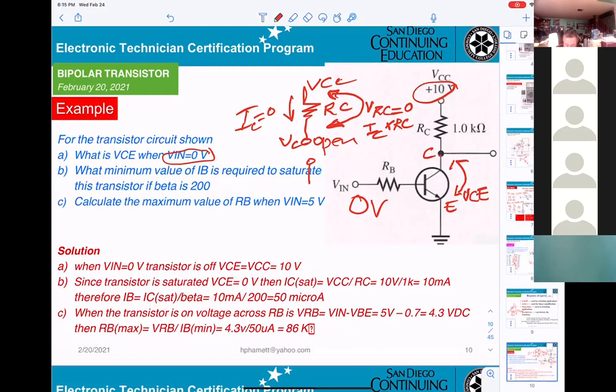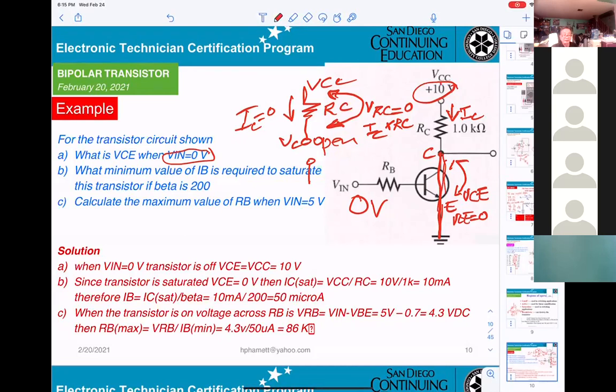When they say the transistor is saturated, VCE equals 0, that means it connects directly to the ground. So to calculate IC saturation, you take 10 volt divided by RC, and you get 10 milliamp.